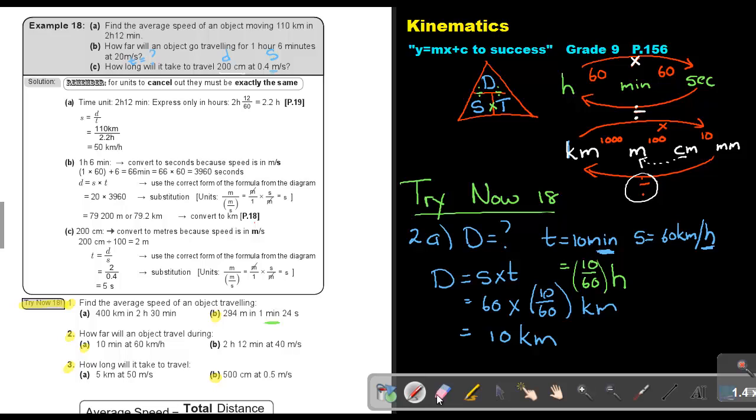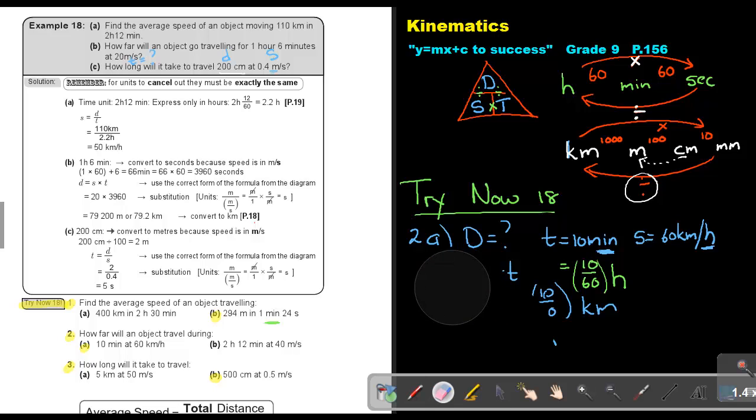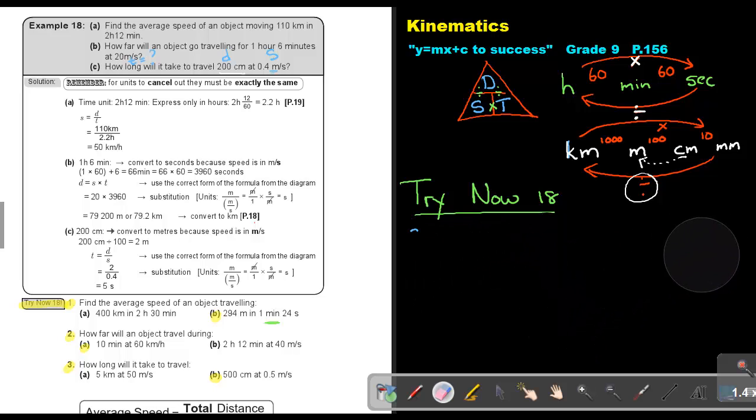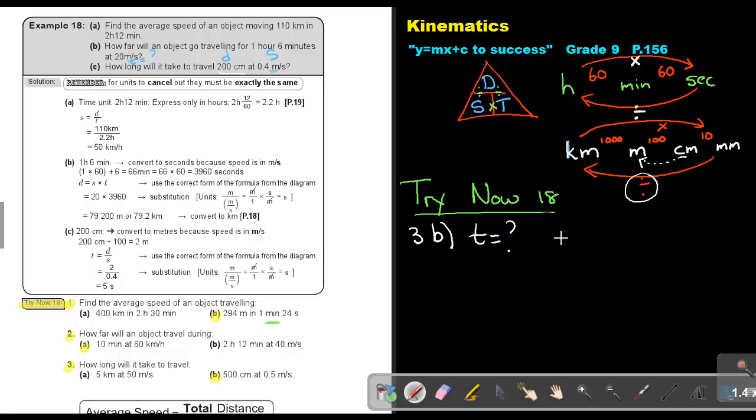Okay, let's look at the last one, number 3. Again, you can first stop the video and do it, and then continue with the video. That's number 3, and we're going to do B. How long? Long is time. What is the distance? It's 500 centimeters. And what is the speed?